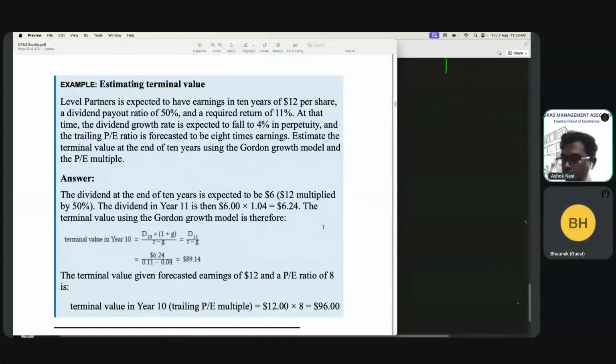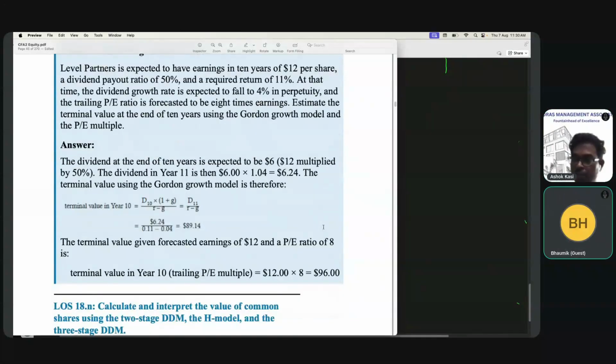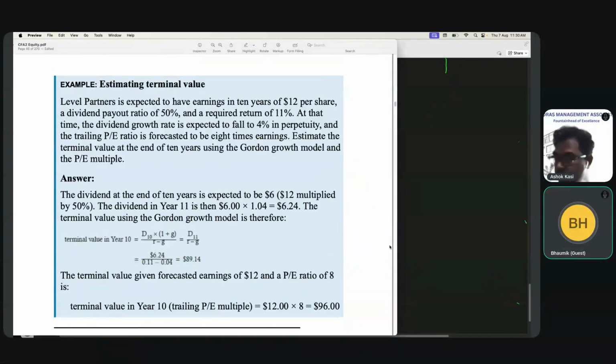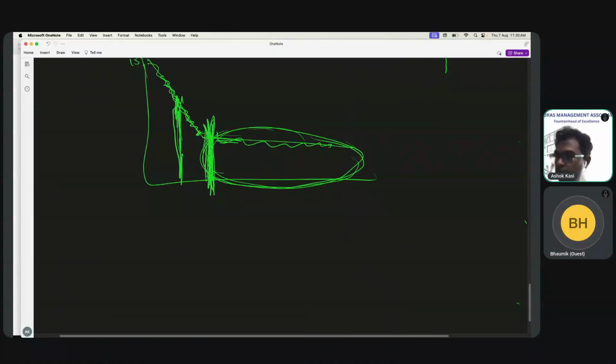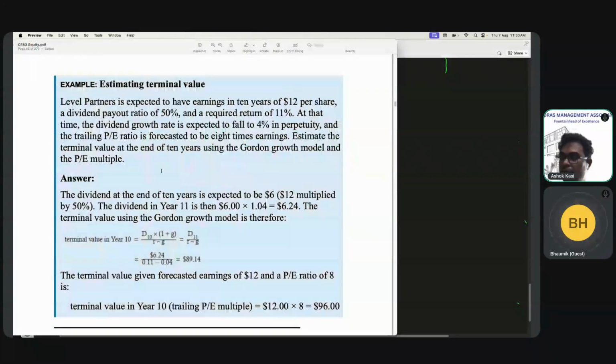Estimating terminal value means estimating this value, from where it is continuously, constantly going to grow. Just go through this question now.